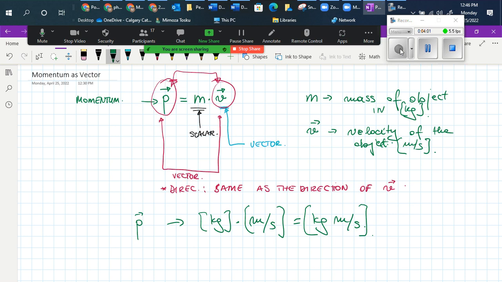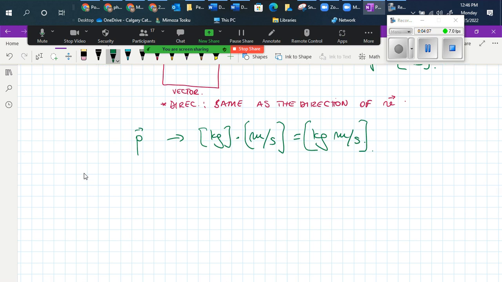Now we are saying that momentum is a vector quantity. And as a vector quantity, we have repeated it over and over again that in order to fully describe it, we need to have the magnitude and the direction. So let's work through some examples when we are calculating momentum and when we are calculating the velocity or the mass by knowing the other two.